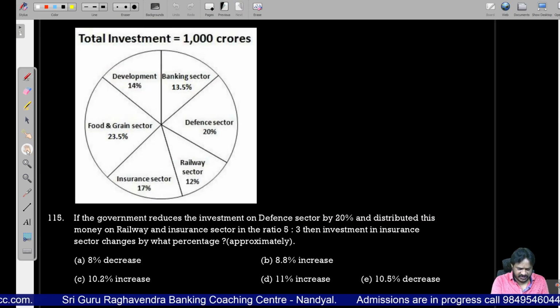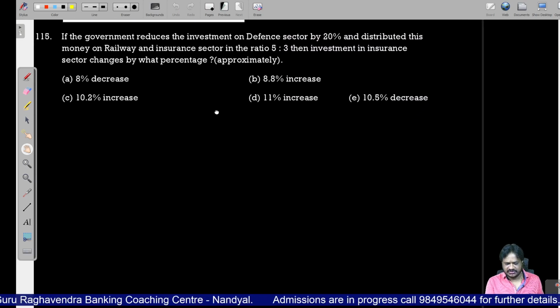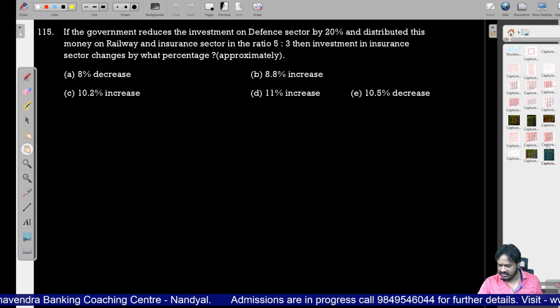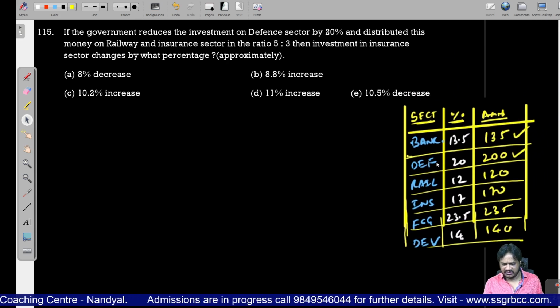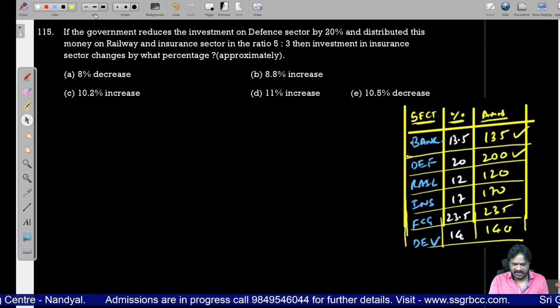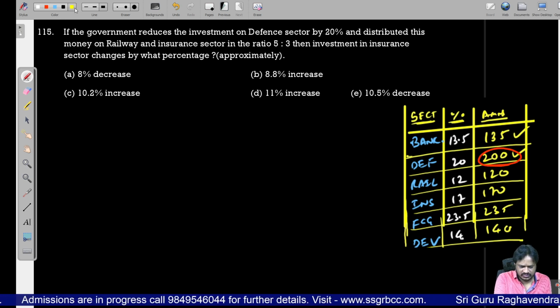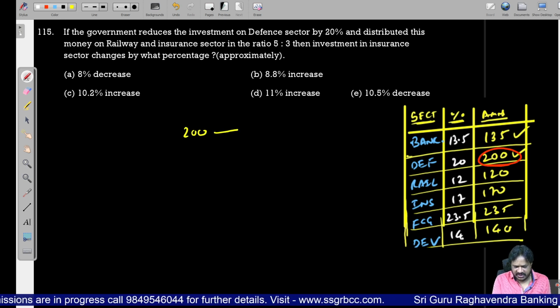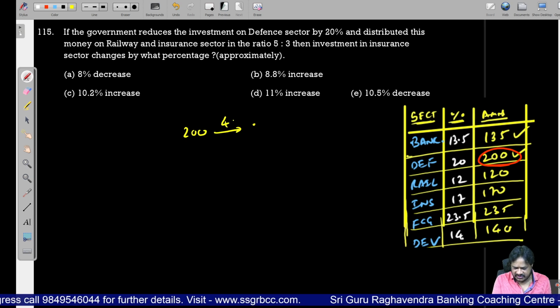See question 115. If the government reduces the investment on the defense sector by 20%, the defense sector value is actually 200. Reducing by 20%: 10% is 20, so 20% means 40.